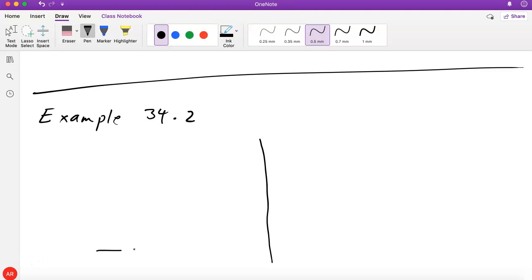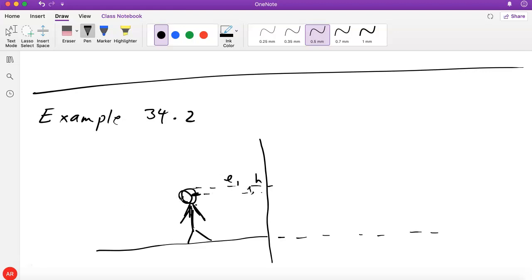And here is the floor. Okay, so then this is a person, let's say it's you. And then your eyes are somewhere here, right? So your height is h, so from here to here we have a height h, and then let's say there's a distance L1 between your eyes and the top of your head.